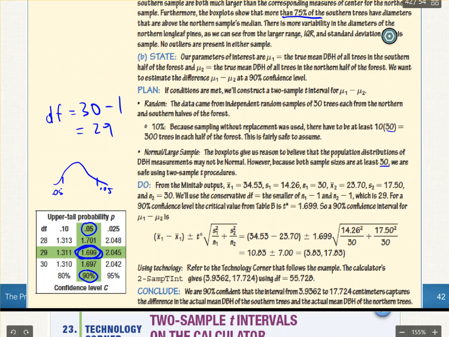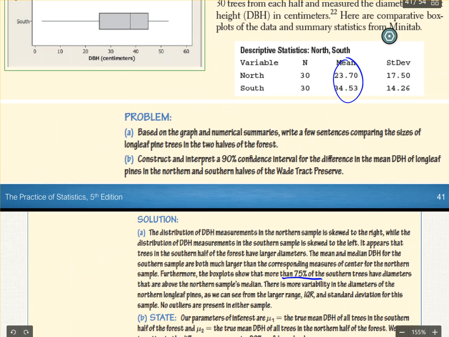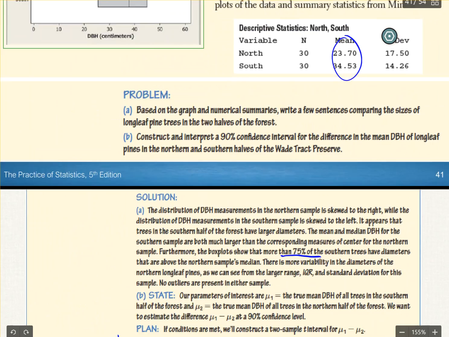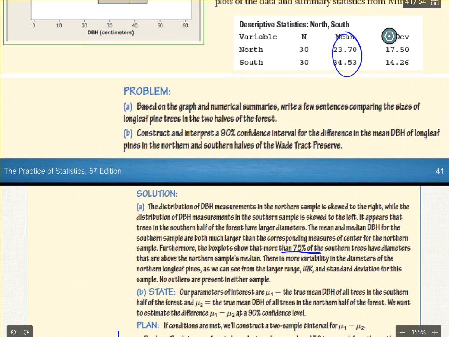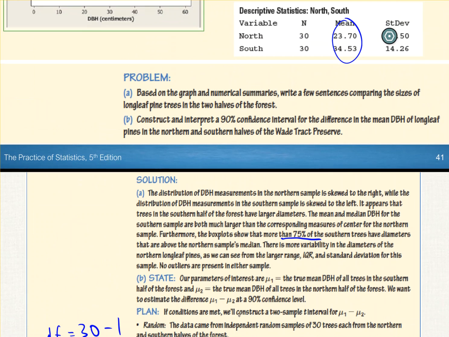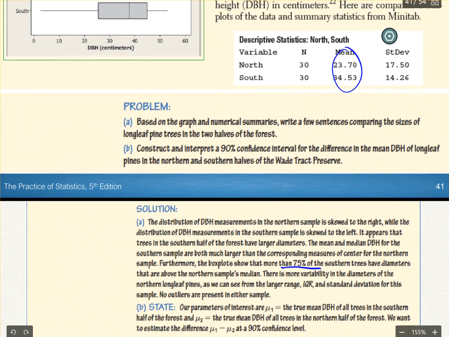So now we just plug stuff in. Subtract our two means, plus or minus t star times the standard deviation, and we still need to figure out what the standard deviation is. I know it says it all down below, but let's just write it out.